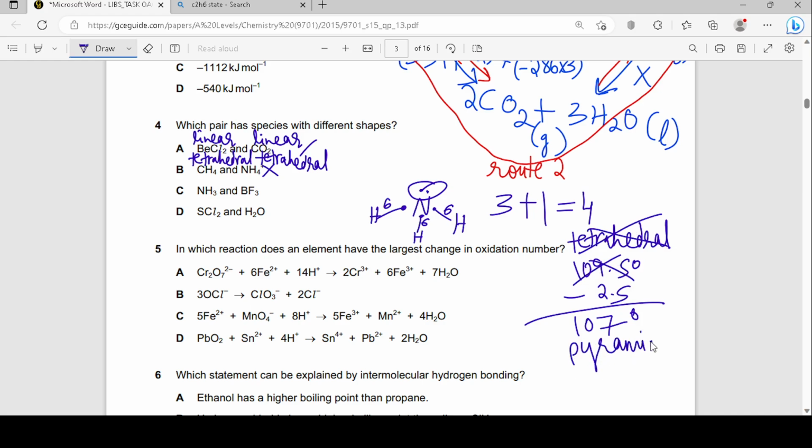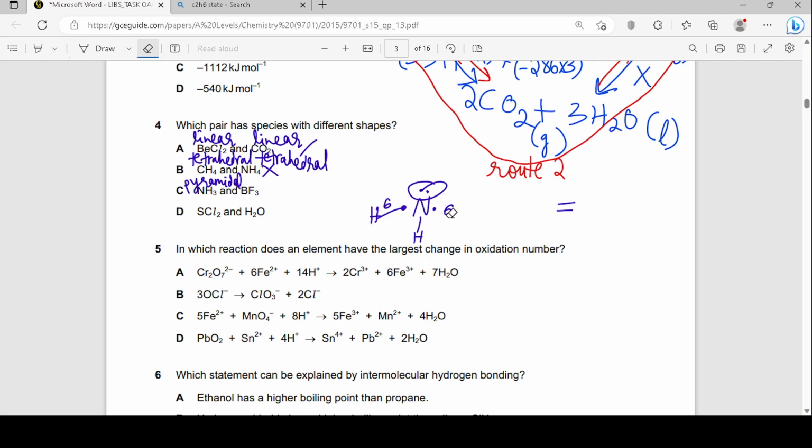Okay, so NH3 has pyramidal geometry because of the lone pair, right? 107 degrees bond angle. Then we're going to look at BF3. So B, F, F, F. Or why did I write H? It's F. Okay.